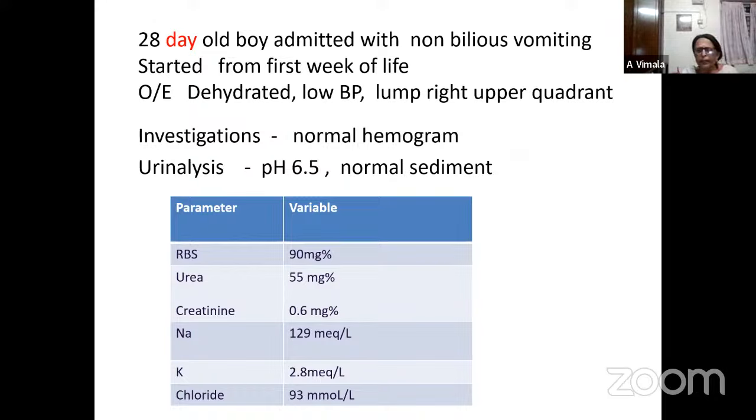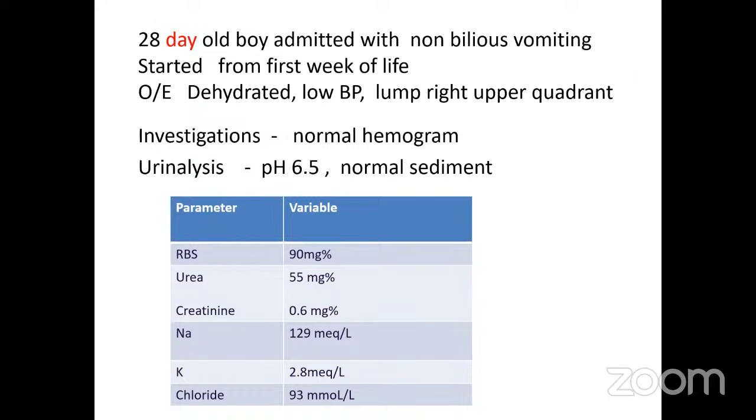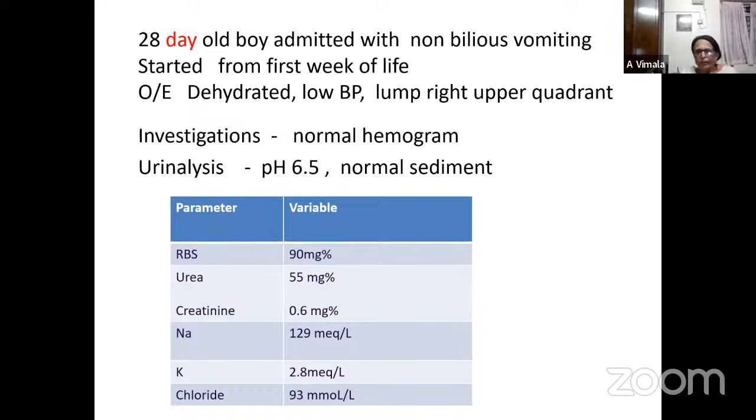What are the abnormalities you make out? One of you can answer. This becomes metabolic alkalosis, they're telling. No, this investigation, the abnormalities you make out from what I have shown. You are right, metabolic alkalosis, but what I have shown here, what are the electrolyte abnormalities we see?